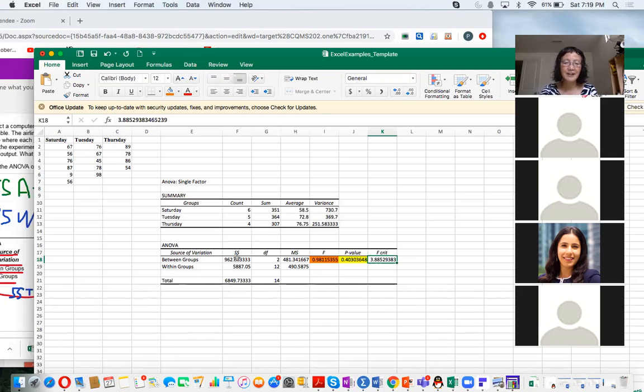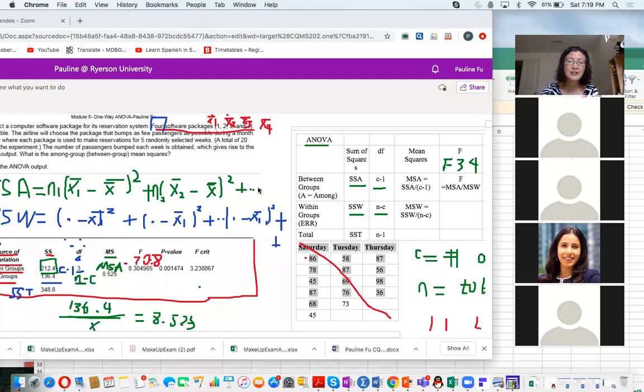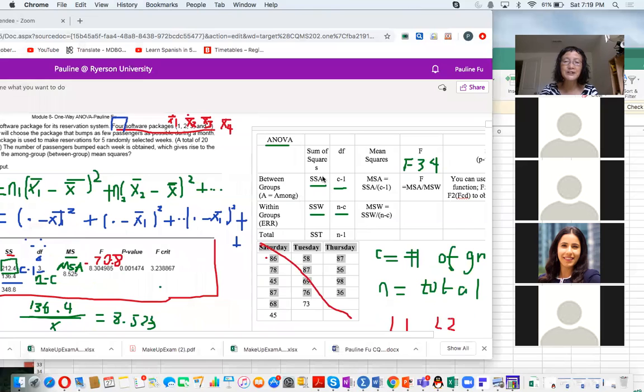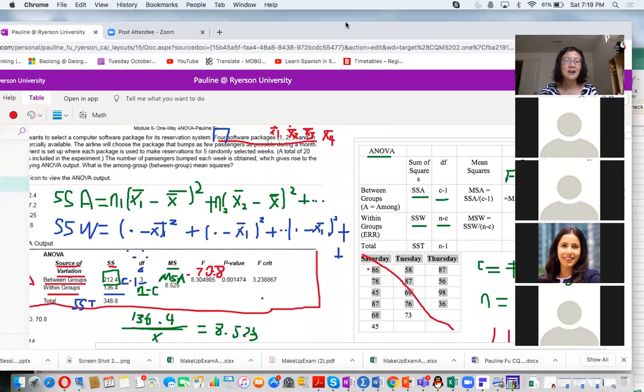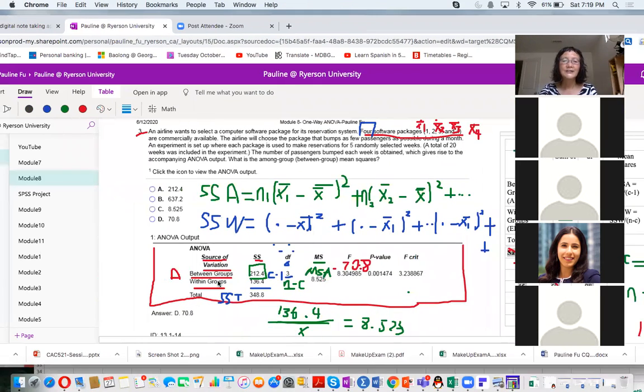And make sure you understand each and every number here. The important thing is you also understand the relationship among those numbers. Where is the relationship among those numbers? It is this table here. This table shows the relationship among the numbers. So that is the ANOVA test to compare 3 or more population means.